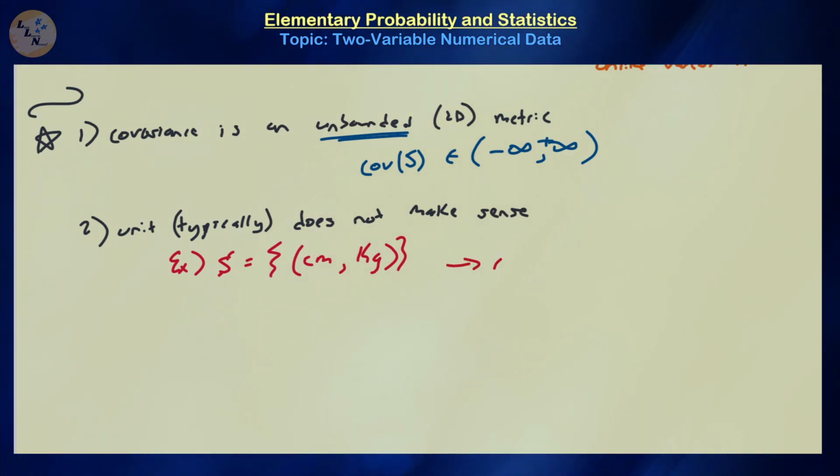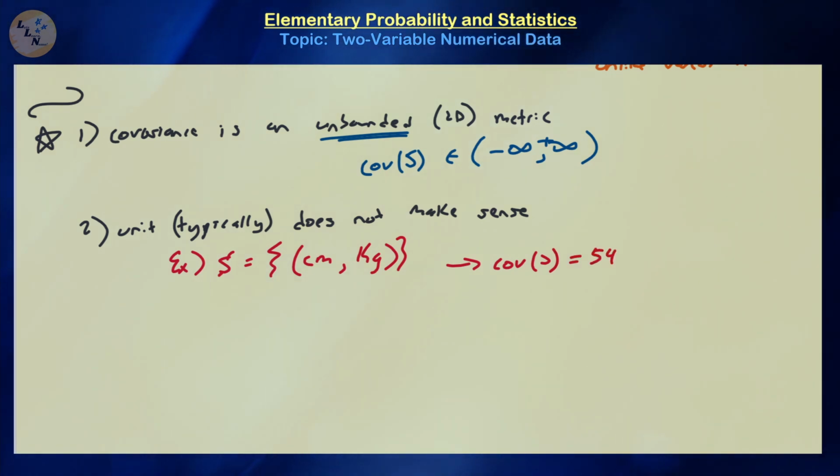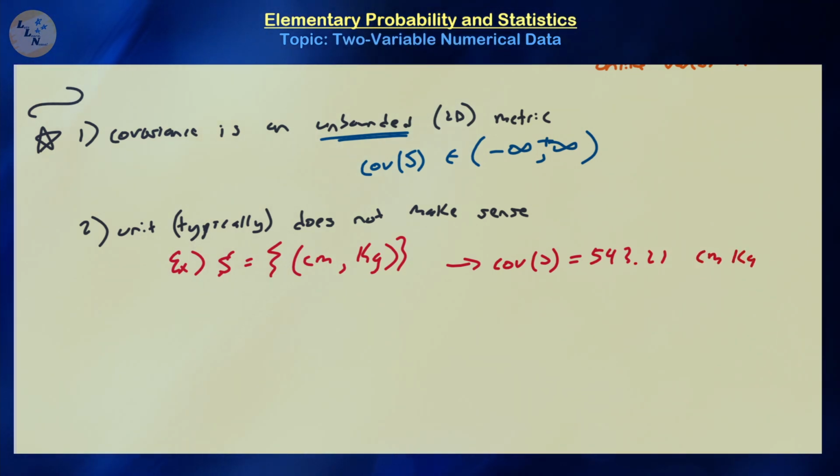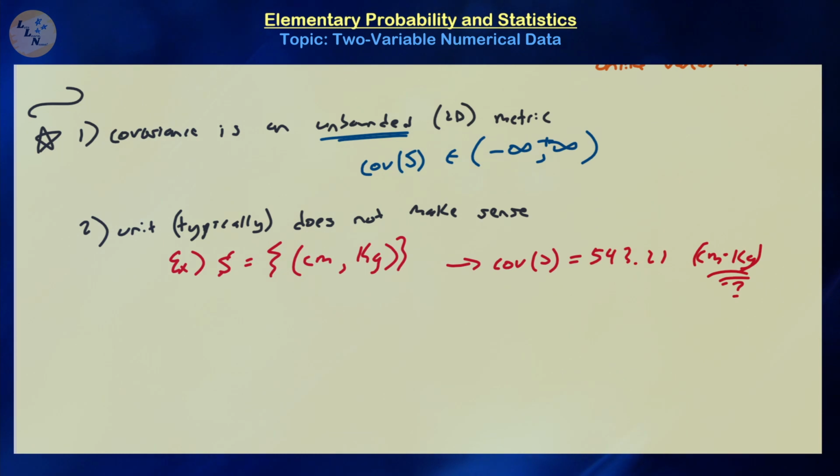If that is the case, that means the covariance of S is going to come out to something like, I don't know, 543.121 centimeter kilograms multiplied together. So what's a kilogram centimeter or a centimeter kilogram? This unit usually doesn't make sense.